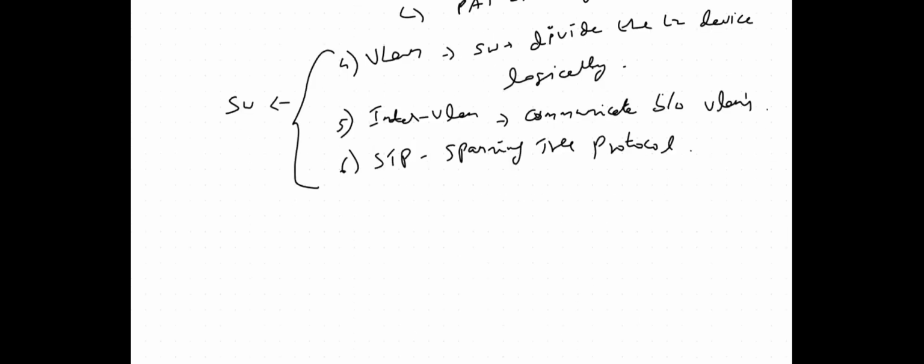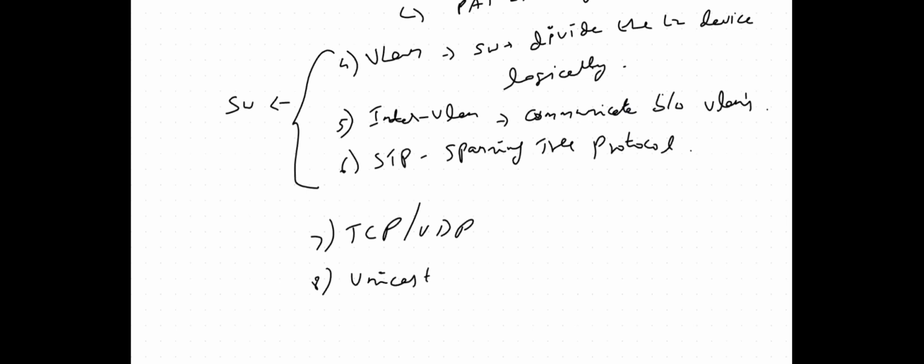Then they will ask what is TCP versus UDP. Last day we saw, right? TCP is the reliable protocol, UDP is the unreliable. TCP is Transmission Control Protocol, UDP is User Datagram Protocol.